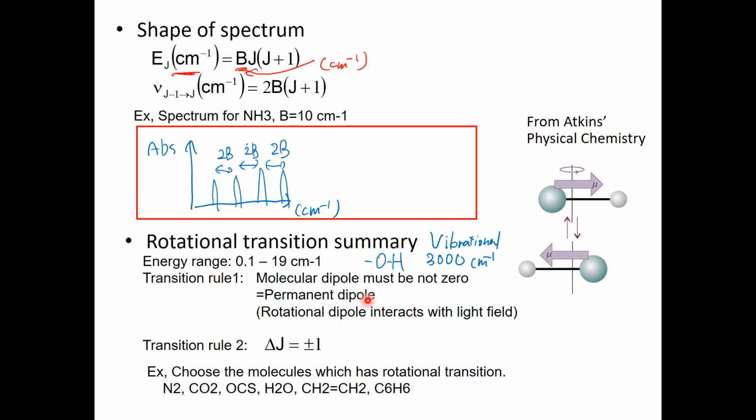So what is a dipole? Simply, if you have a molecule, one of the atoms has a biased charge, positive and negative. That gives the molecular dipole.